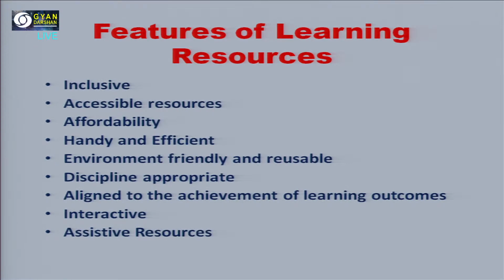Then we can talk about the features of learning resources. When we say features, we are talking about inclusivity, accessible resources, and affordability. This is again an important issue. Why? Because the resources have to be at the reach of the learners, or made affordable for the learners.